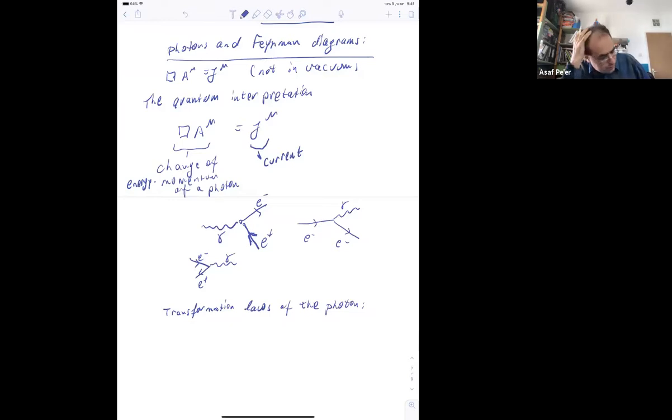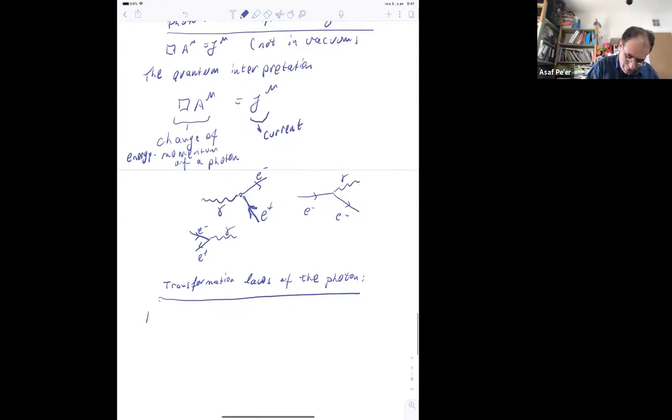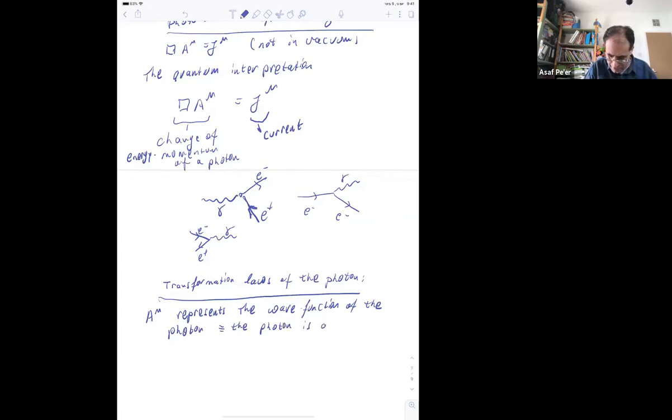I argue that A mu represents the wave function of the photon, which means that the photon is a vectorial particle, or simply we say it's a vector.